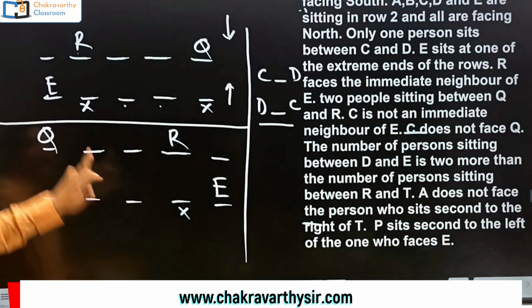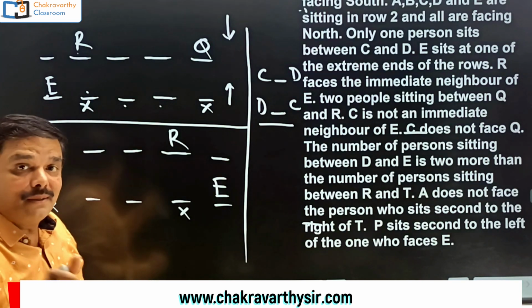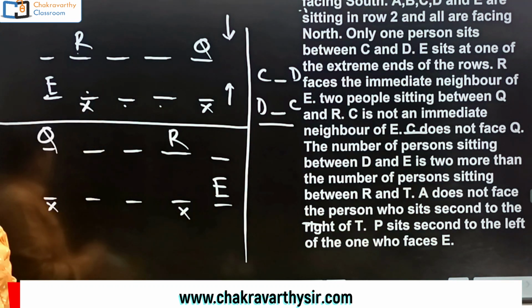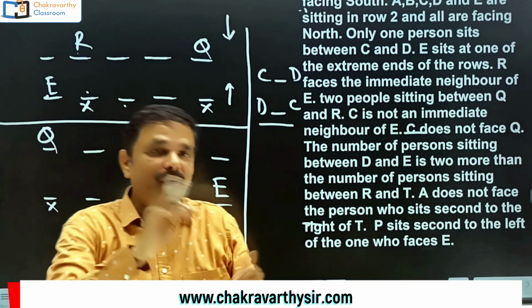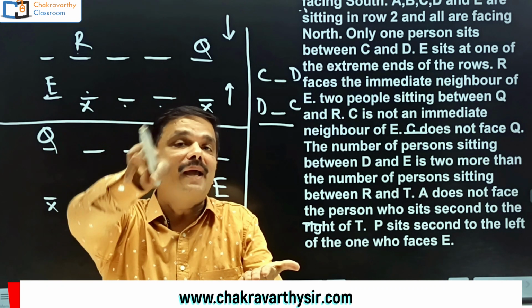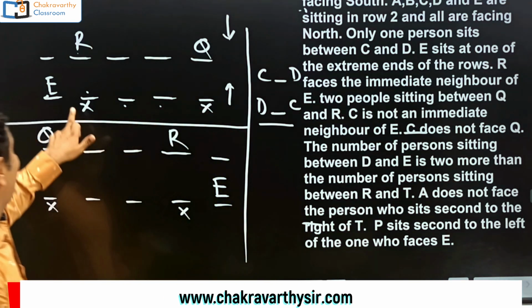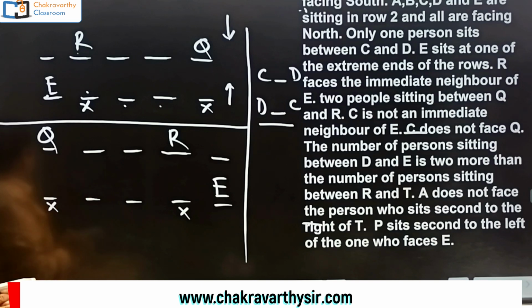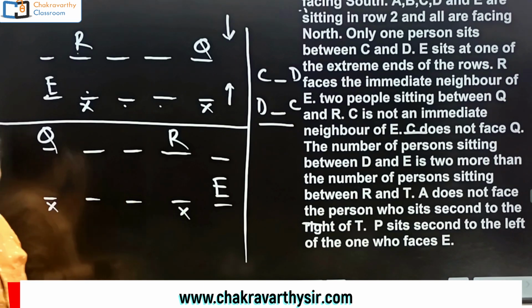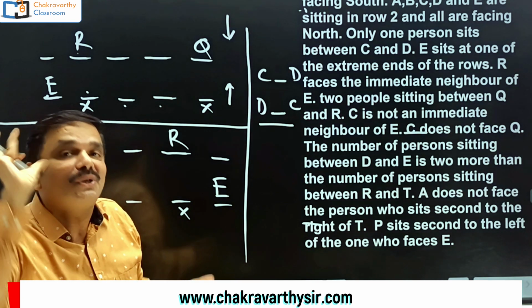Okay. Now, shall I keep D here? Absolutely no. I cannot keep D here. Why is that so? Because if I keep D here, the condition that the number of persons between D and E is 2 more than between R and T is not fulfilled, because if I keep D here, between E and D, 0 persons are there. According to the given clue, definitely between D and E, at least 2 persons should be there.